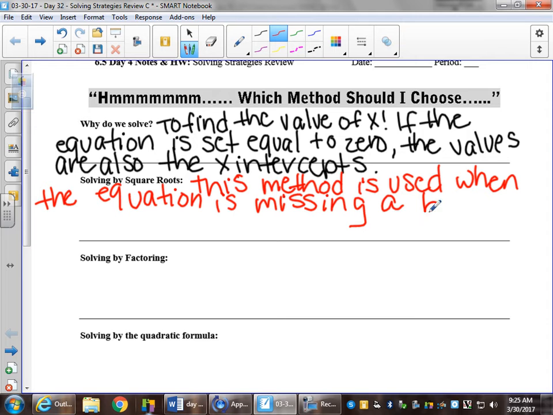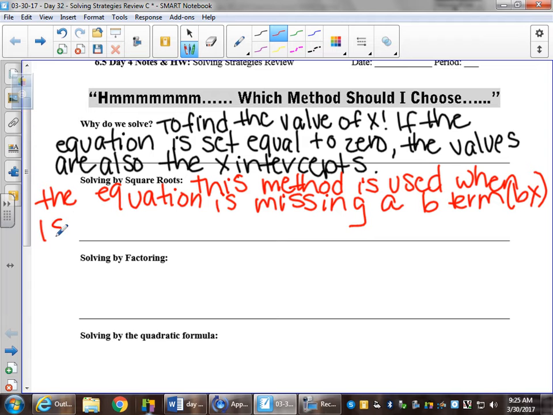A B term. And that looks like a number times x. Nope, that's for solving for vertex. You're using this method when your equation is missing a B term.